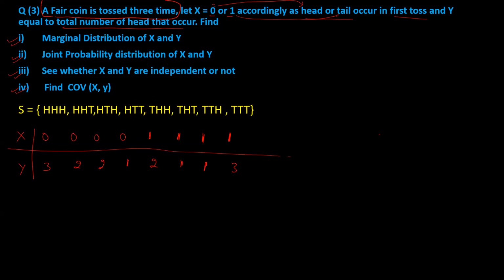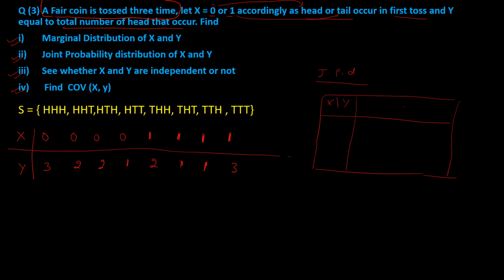No. So now I will draw the joint probability distribution. I have to draw a table. Just quickly take the table. So you will have x and y. In this column I have to put the y values.